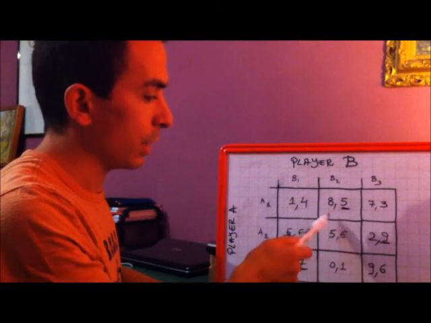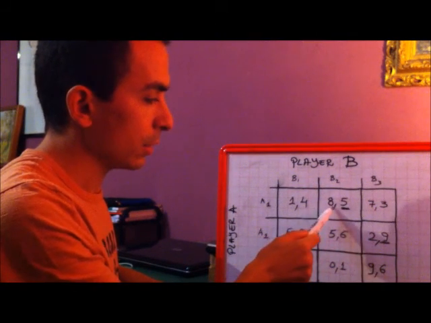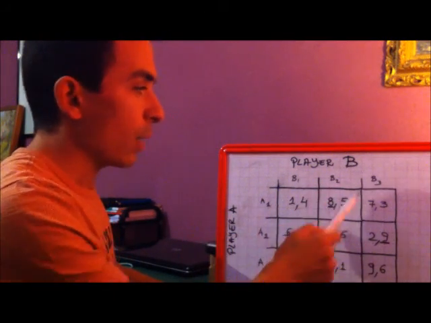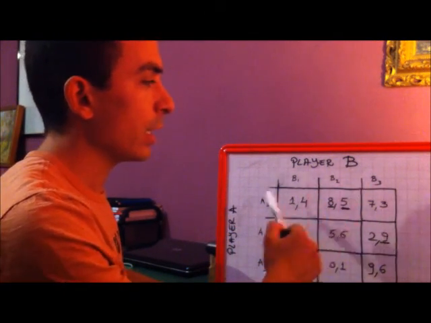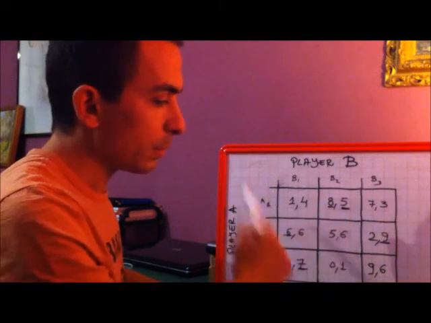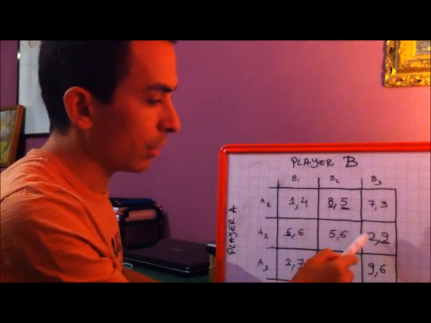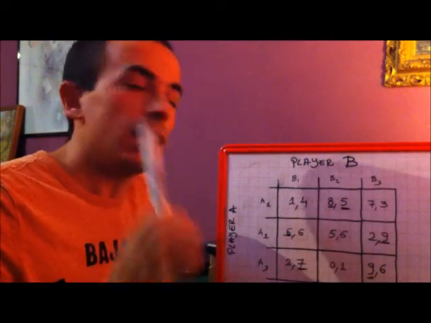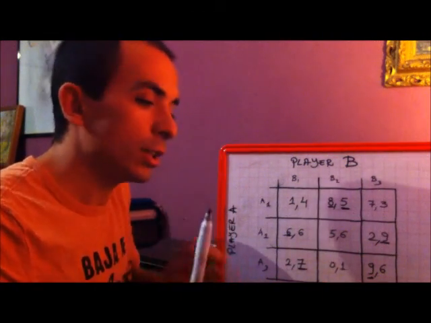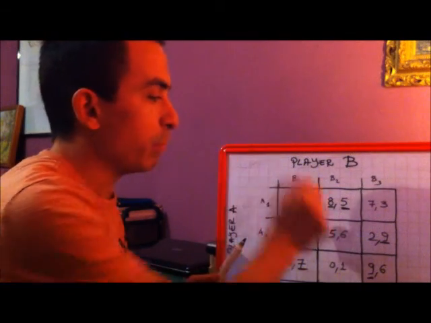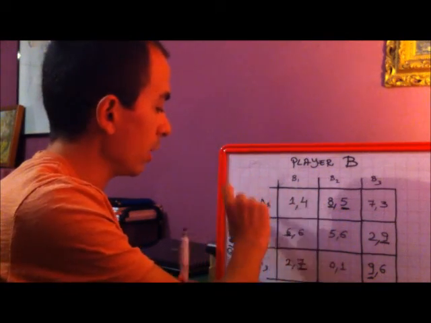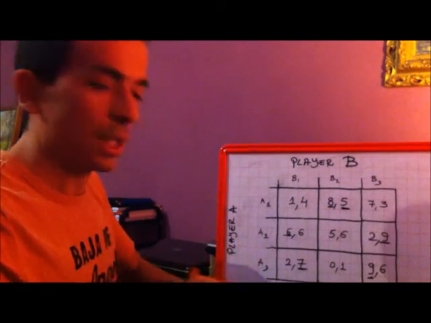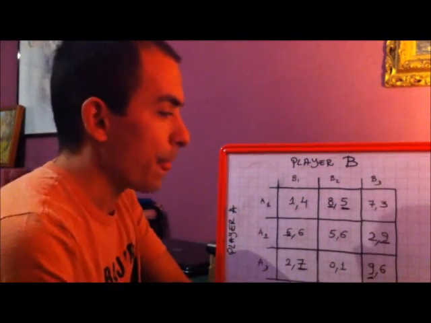We can see from these three numbers that it is 8. What is the best response for player A if player B chooses B3? It is not 7, not 2, but 9. So the only cell underlined in both payoffs, for A and also B, represents a Nash equilibrium.